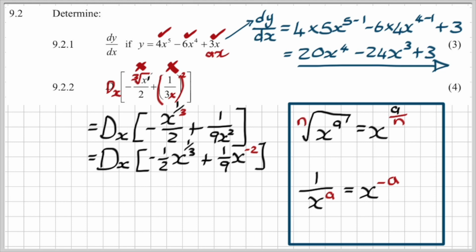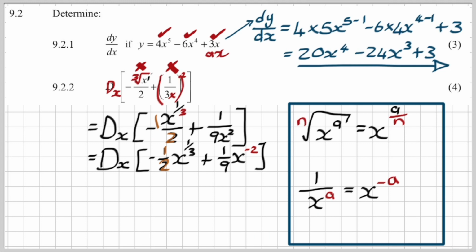Why do I write the x to the third next to the half? Well, where does the half actually come from? Remember, there's a 1 in the front there, and there's a 2 in the denominator. So 1 over 2, x to the power of a third.